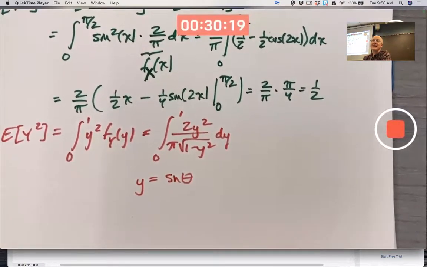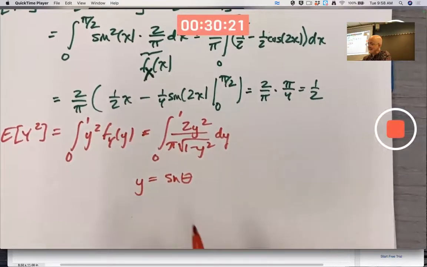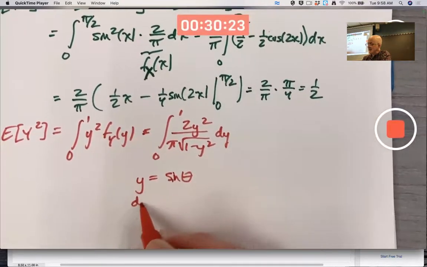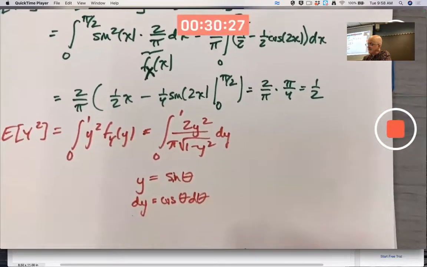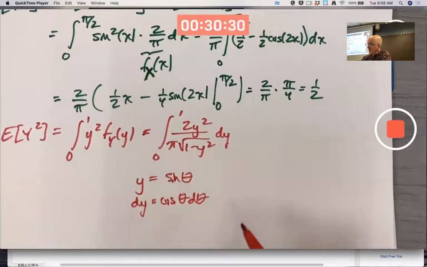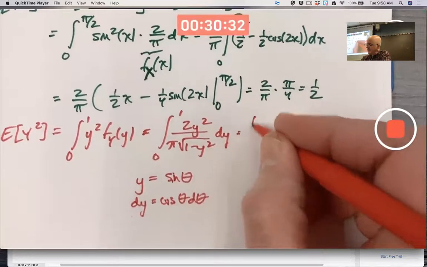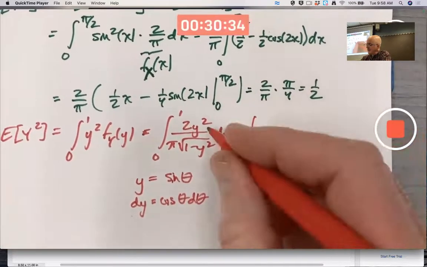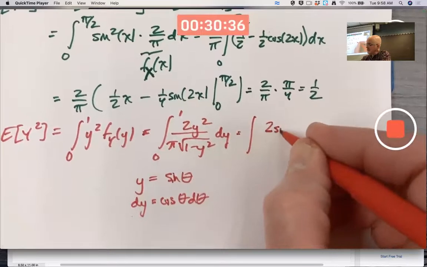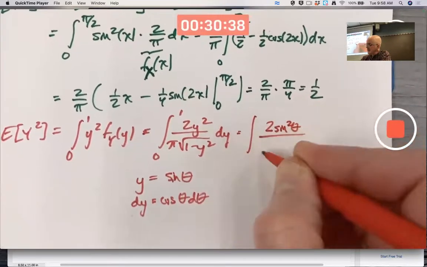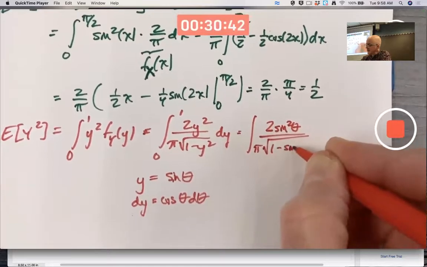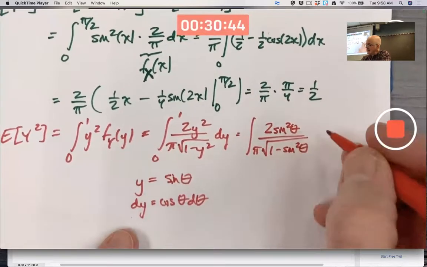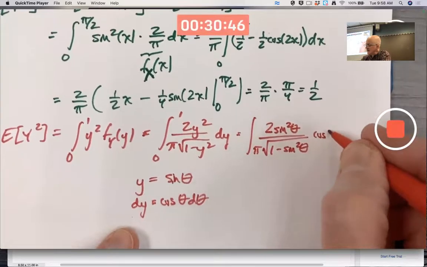I could have used an x. dy is cos theta d theta. The y squared up there can be replaced with sine squared theta. The y squared in here gets replaced with sine squared theta. And then dy gets replaced with cos theta d theta.